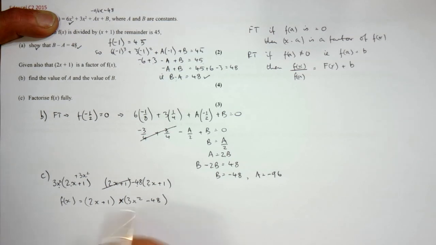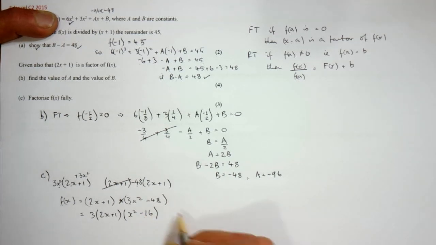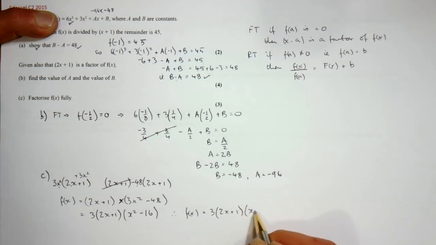And this factorizes. Let's take the 3 out. So we've got 3, 2x plus 1 times, divide this by 3, we get x squared, divide this by 3, we get 16, and oh look, it's a difference of two squares. So f of x can be written as 3 lots of 2x plus 1 times x plus 4 times x minus 4.